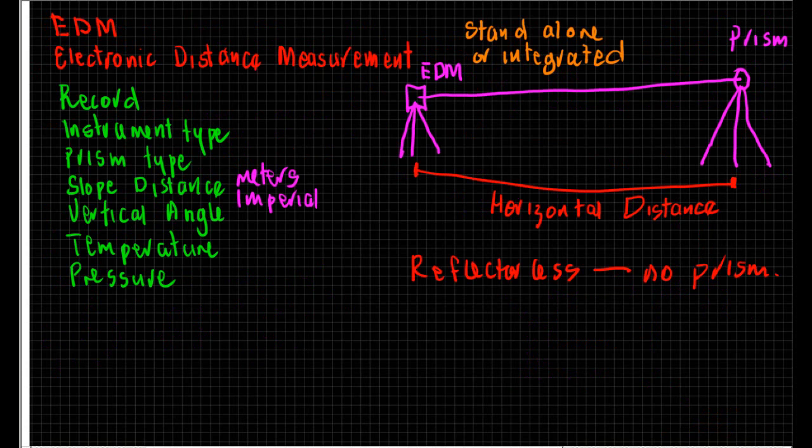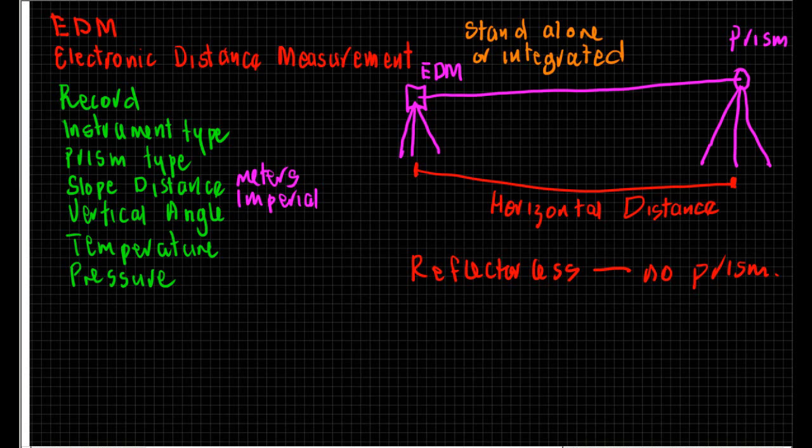And that brings us to EDM, electronic distance measuring. And we've talked about two types of EDM here, to a prism and reflectorless, which is essentially the same as to a prism but with no prism. And as we've explained earlier, slightly reduced range in some cases. Okay, so electronic distance measuring, we set up our EDM either standalone, or these days most of the EDM is certainly integrated with the theodolite.